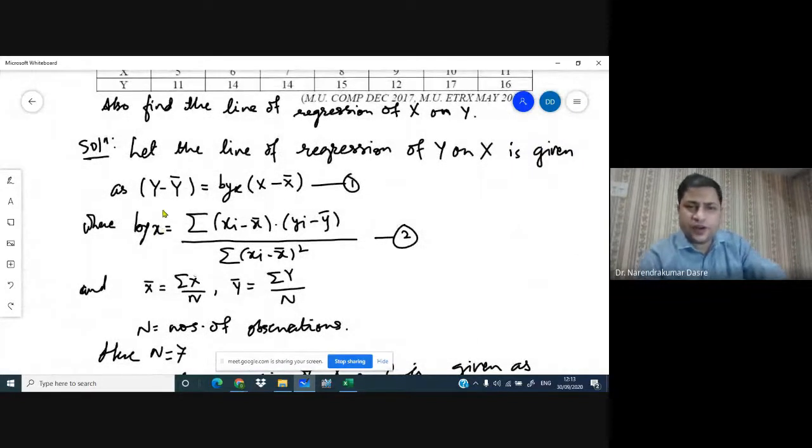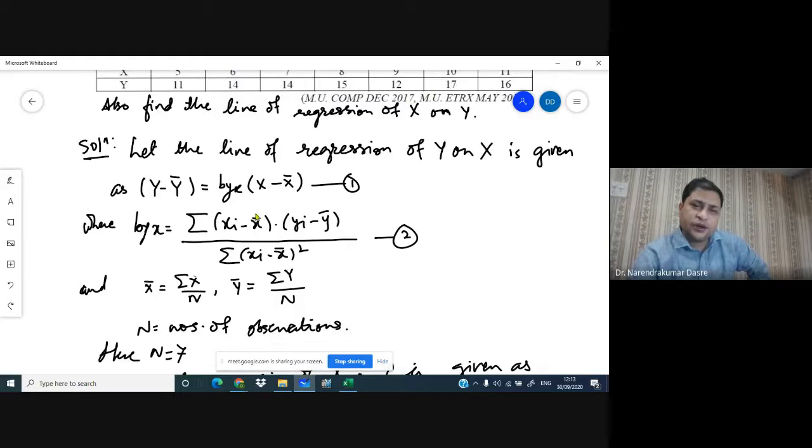So first we want to find out the second and fourth, and then we are able to find out the first and third. That's why we must write the formula first, so that we will know what exactly we want to calculate. Looking at these formulas, I first have to calculate xi minus x bar.